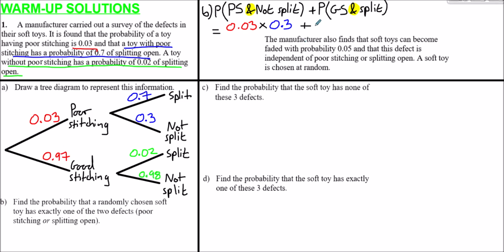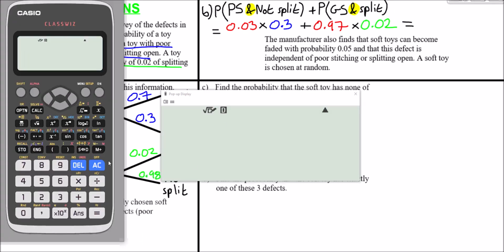Most of these toys have good stitching, which is pleasing to know. And so multiply the probability that it happens to unfortunately split anyway, which is 0.02 chance. So once we calculate this, we have to just see what this gives us, and then we round the answer appropriately if needed.